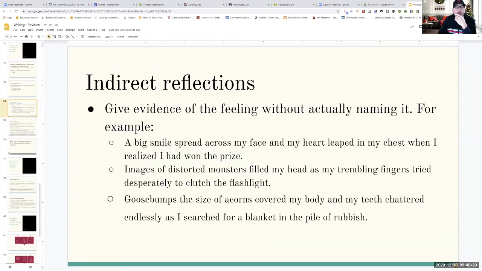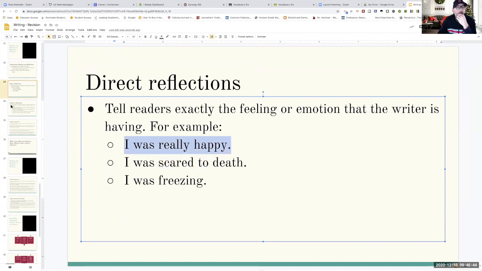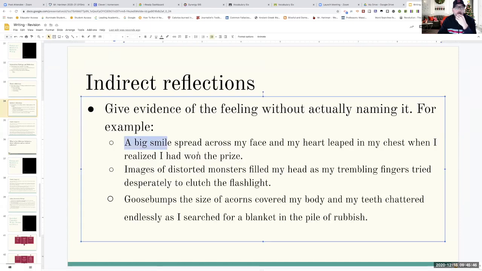An indirect reflection would be, a big smile spread across my face, and my heart leaped in my chest when I realized I had won the prize. So that is the difference between a direct reflection and an indirect reflection.